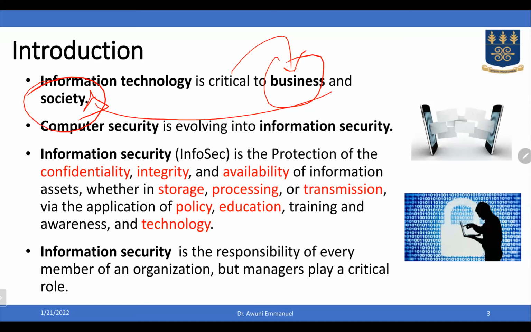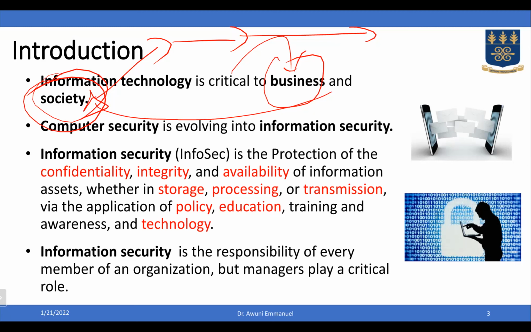At the level of society, from the first semester, I did explain that even at individual level, we are using information technology to achieve certain utility. For instance, nowadays, people are using IT or mobile phones to take pictures, to even record certain events and what have you. So what it means is that information technology is critical to business and society nowadays.